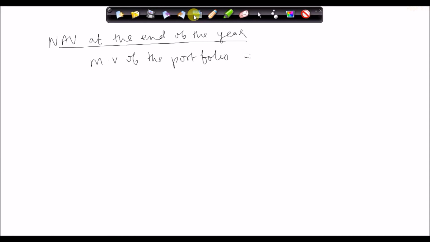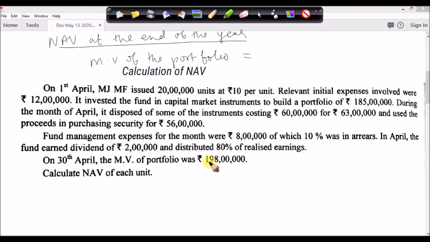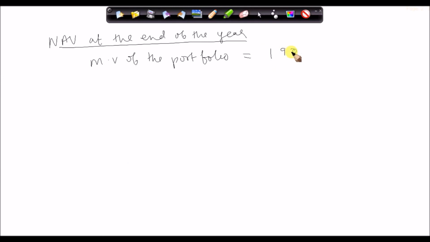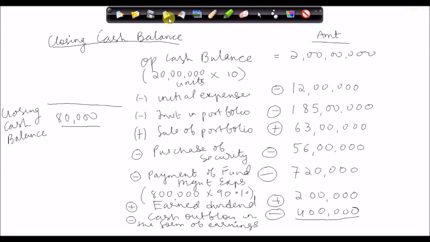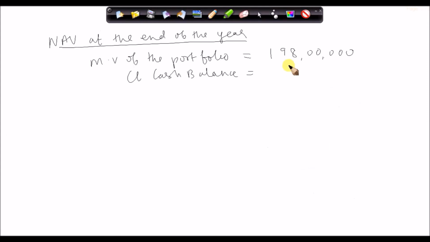So 1 crore 98 lakhs is the market value of the portfolio. Then we have a closing cash balance which we have found out. So how much was the closing cash balance? 80,000 rupees is the closing cash balance. So I am going to include it here because it is an asset.